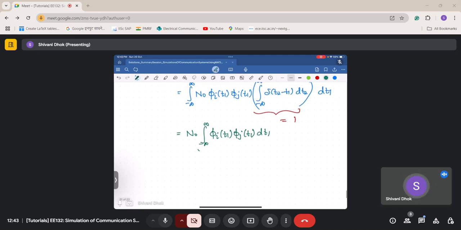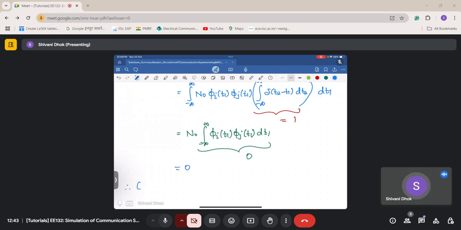We know that phi_i and phi_j belong to an orthonormal basis, which means that the integral of phi_i(t1) into phi_j(t1) for all i not equal to j will be equal to 0. So therefore this comes out to be equal to 0.